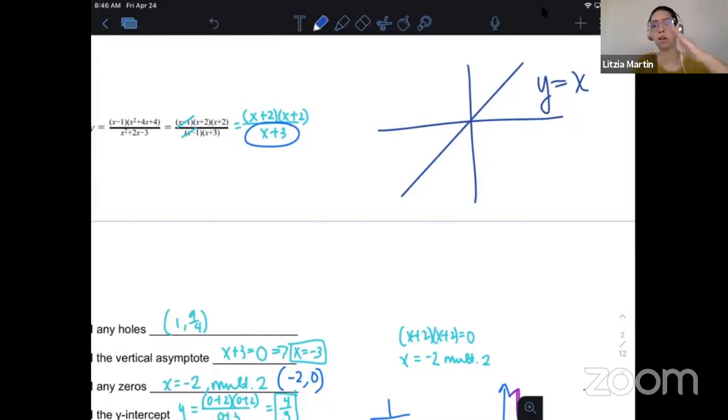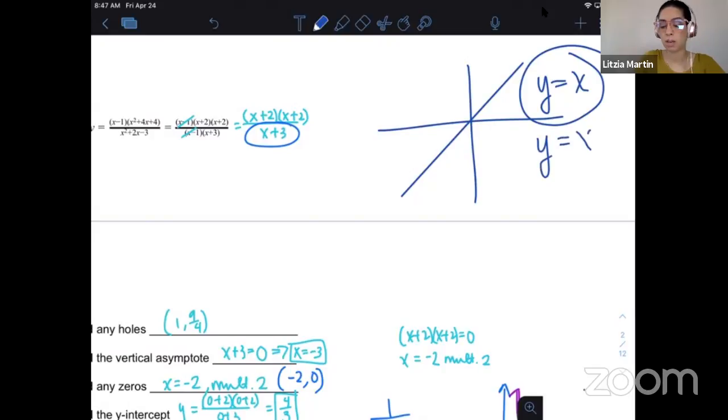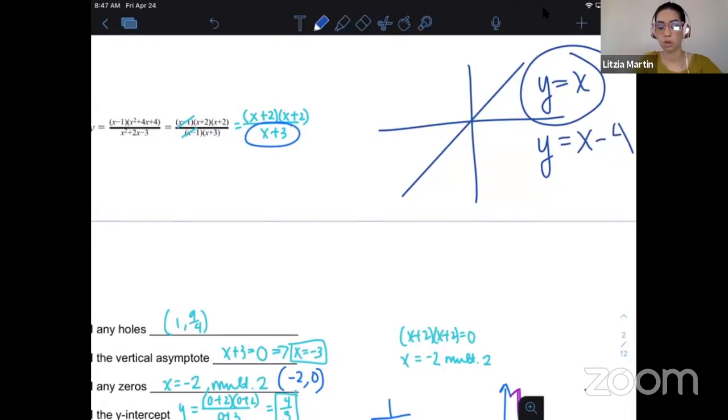We may have more of a slant, less of a slant, or it could be shifted upwards or downwards. So that means we're going to have some kind of transformation of this function as our slant or oblique asymptotes, meaning maybe it's going to be y is equal to x minus 4. So this diagonal line is just shifted down 4 and looks like that.